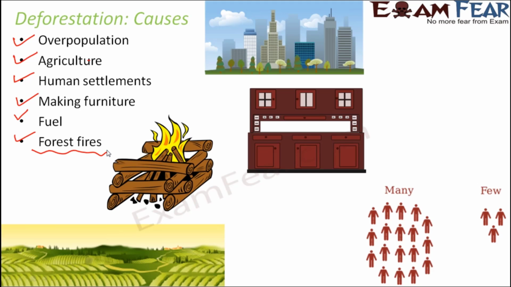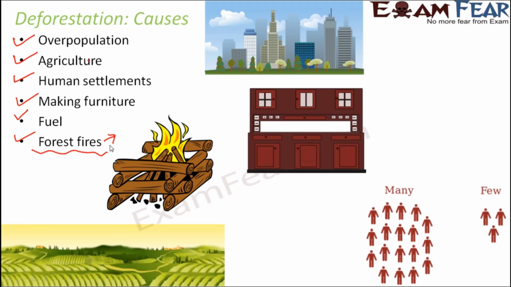Now these forest fires happen mostly due to extremely warm summers and milder winters. That means when the temperature is more towards the higher side. So during summer, if it is extremely hot, and winters are also not very cold, there are chances that the forest wood might catch fire.